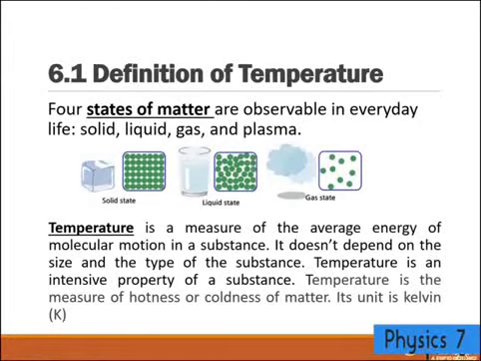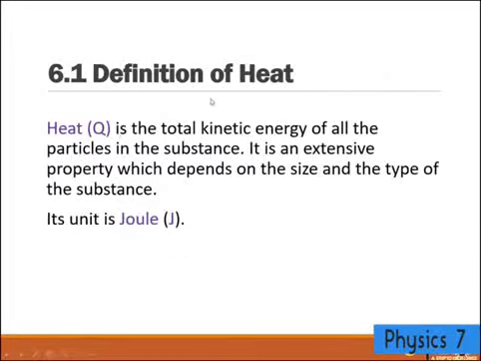And so temperature is measured with a thermometer, and temperature is the measure of the hotness or the coldness of matter. And the SI unit of temperature is Kelvin. Now, in terms of a definition of heat, heat is the total energy of molecular motion in a substance.